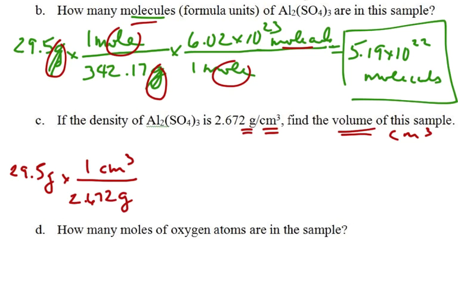So anytime I have something per something, I can use that as a conversion factor. In fact, that's all I have to do. So grams cancels out, and I'm left with centimeters. So I just have to do this problem real quick. And I'm coming up with 11.04, so I'll just call that 11.0 cubic centimeters.